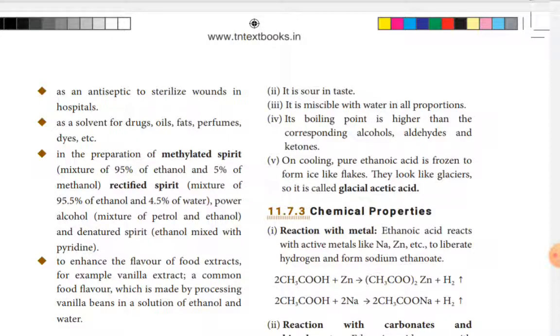Pyridine is a poison. So next one, to enhance the flavor of food extract, for example vanilla extract, a common food flavor which is made by processing vanilla beans in a solution of ethanol and water. So these are the normal uses of ethyl alcohol.